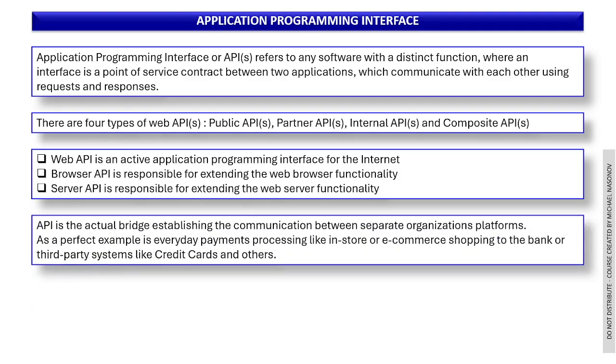API is the actual bridge establishing the communication between separate organization platforms. The perfect example is everyday payment processing, like in-store or e-commerce shopping, to the bank or to third-party systems like credit cards and others.